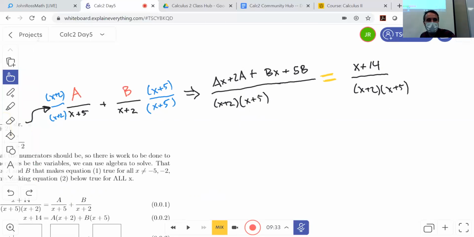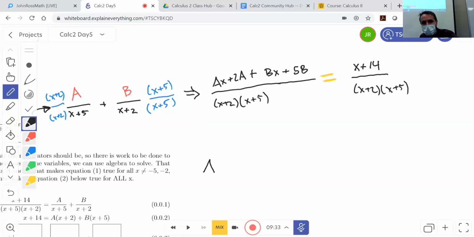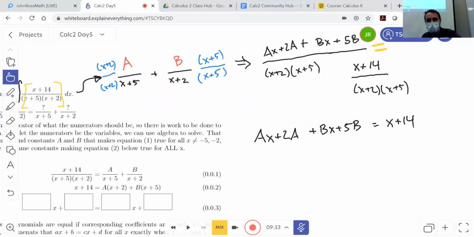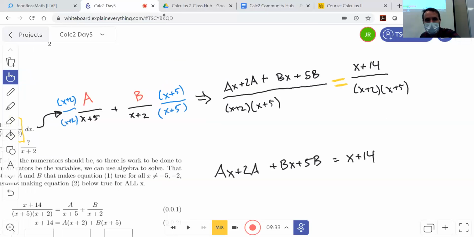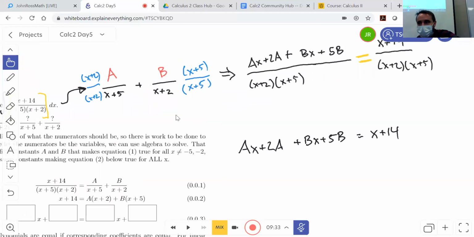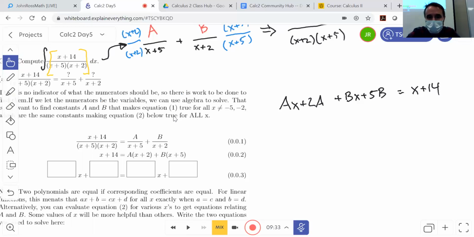And we end up with this equation involving the numerators, specifically Ax plus 2A plus Bx plus 5B equals x plus 14. All right.